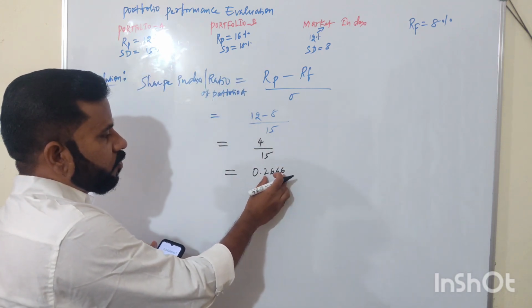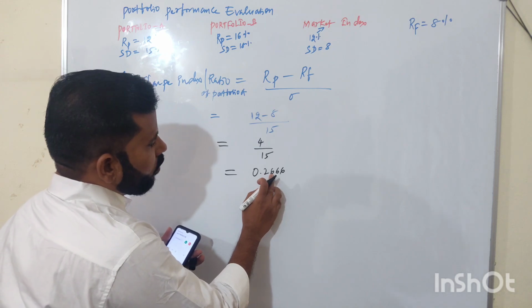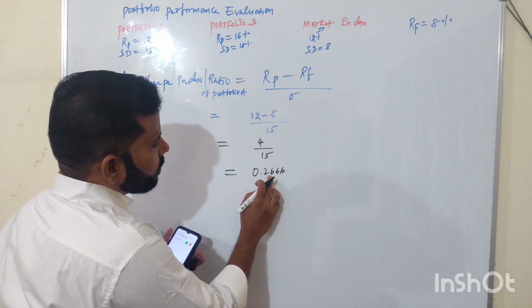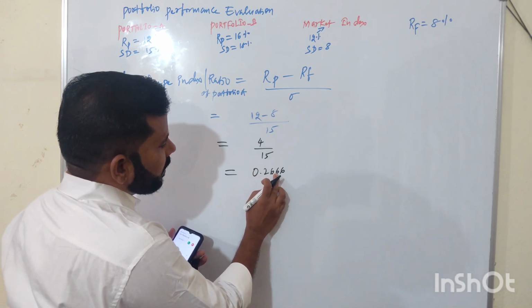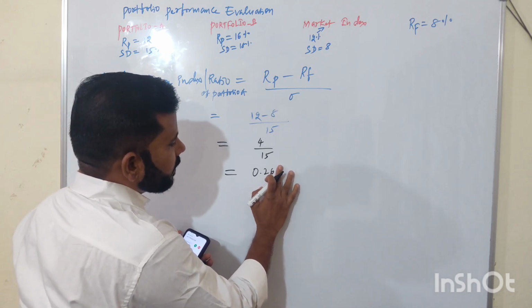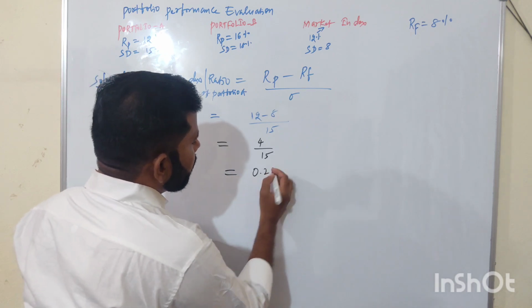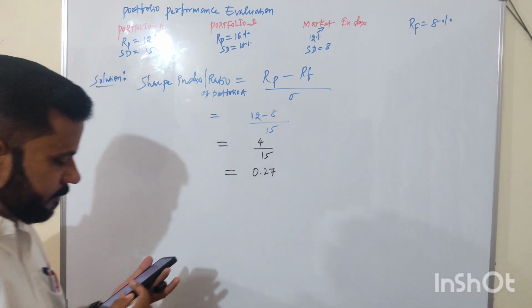Let's take up to 4 digits. Even we can make it a round figure. 0.26, and after the third digit is 6. If it is more than 5, we can easily make it a round figure. So let's take this one as 0.27 answer.